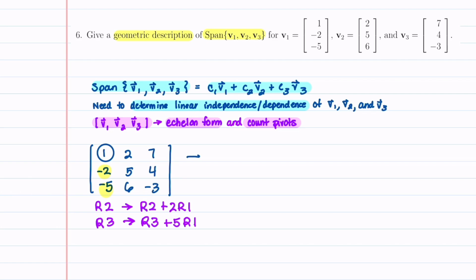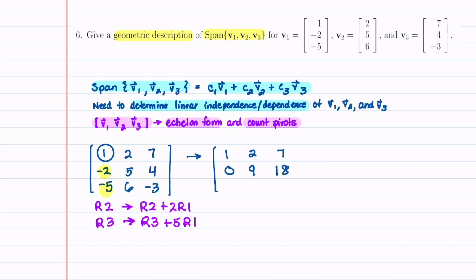Let's go ahead and do this. Our first row is going to stay the same. Our second row is going to become a 0, and then we're multiplying the first row by 2 and adding it to our second row. So we have a 4 plus 5 gives us a 9, and then we have a 14 plus 4 gives us an 18.